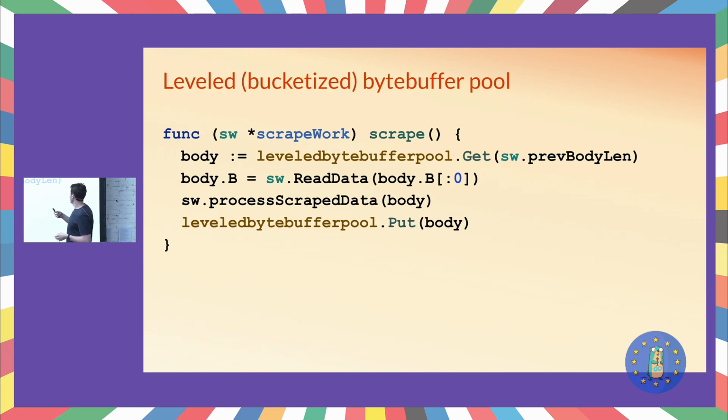So what we do, we remember what the previous page size was, and based on this page size, we request a byte buffer of this specific size. For big targets, we receive bigger byte buffers. For small targets, we receive smaller byte buffers. This is how we are not mixing them, and this is how we are not spending time on expanding byte slices if we need to expand.